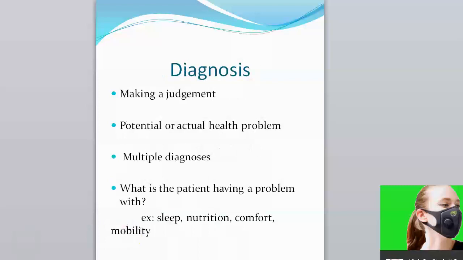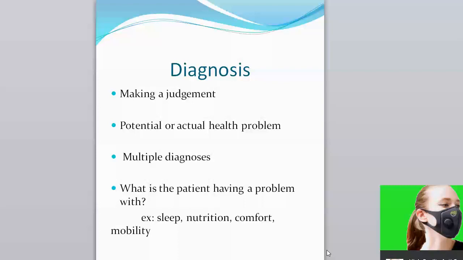diagnosis, where we make a judgment. Let's go over the definition that I gave you in regards to a nursing diagnosis, because this is what we're talking about here. It's a potential or actual health problem. Potential would be at risk for.